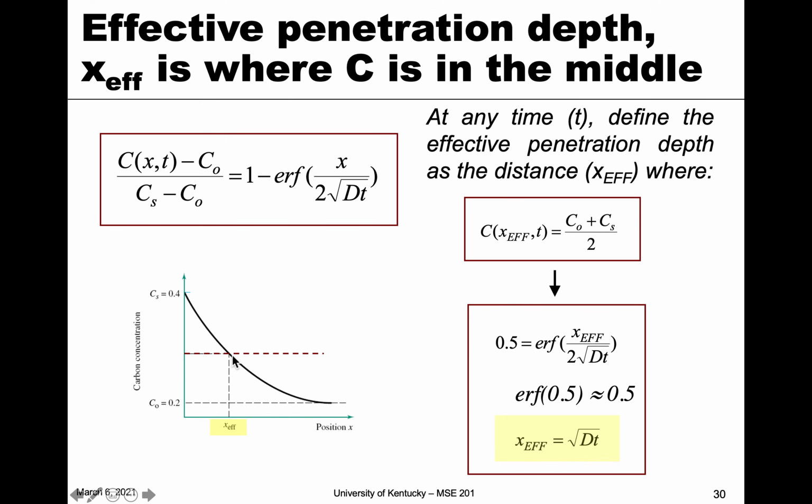So at this point, the concentration is halfway in between, and so this is the depth at which that happens. And so we can basically take that expression, look at when we have half the concentration, and what that means is that the effective depth is equal to the square root of Dt. So that simplifies that expression if you know everything else.